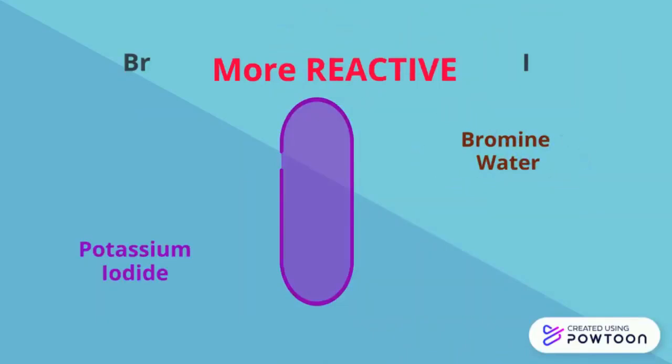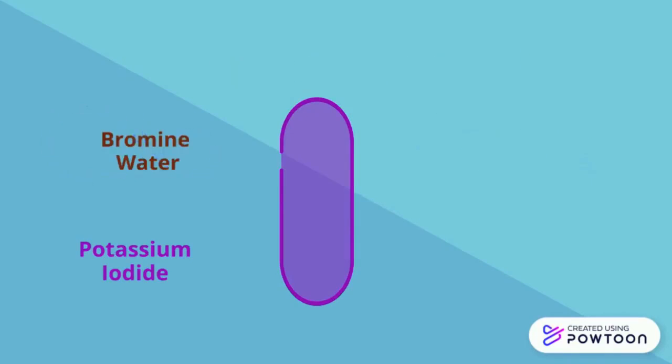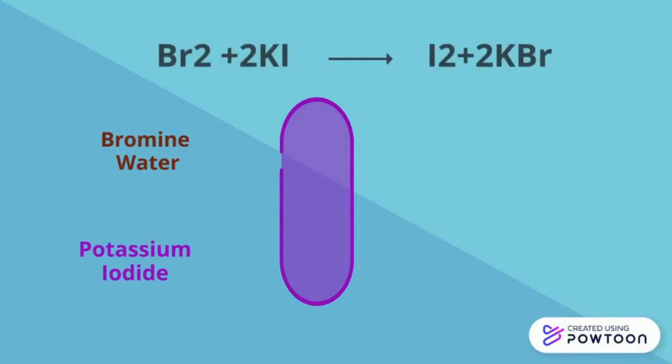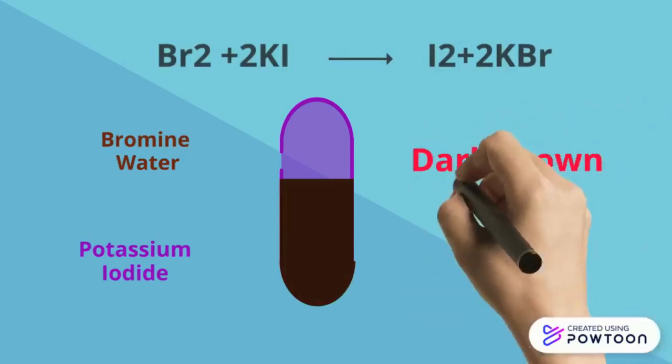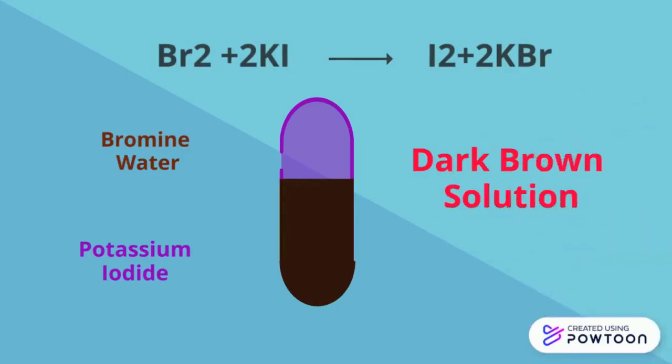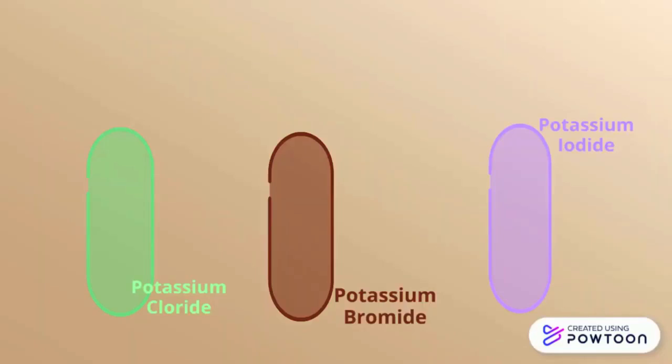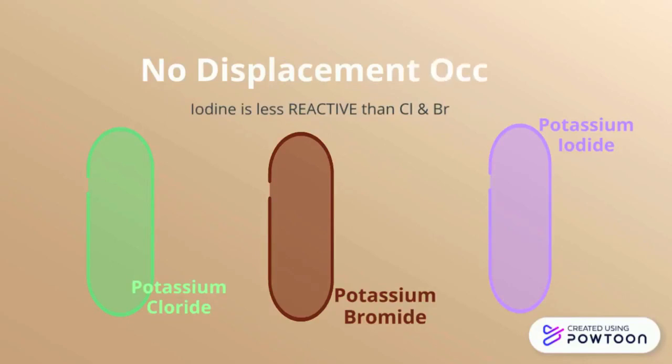As bromine is more reactive than iodine, it will displace and liberate iodine in potassium iodide. Therefore, a dark brown solution is produced due to the presence of iodine. If we added iodine to the same three aqueous solutions, no displacement reactions occur, as iodine is less reactive than both chlorine and bromine.